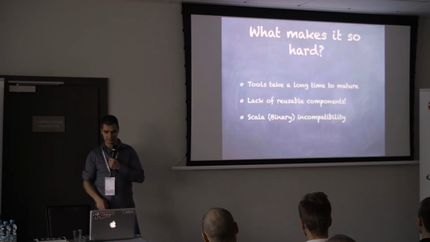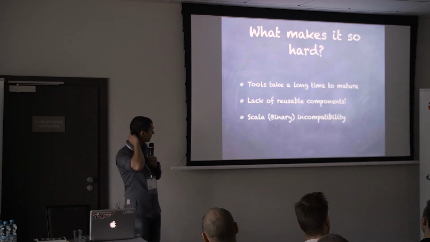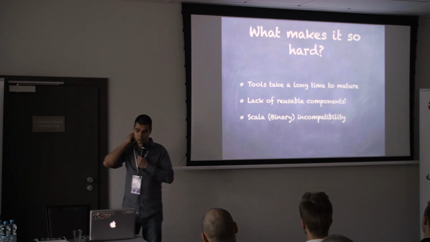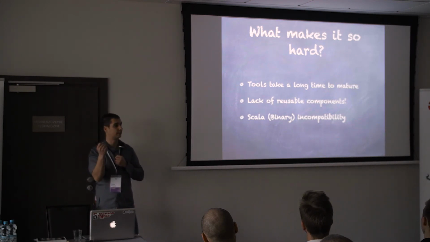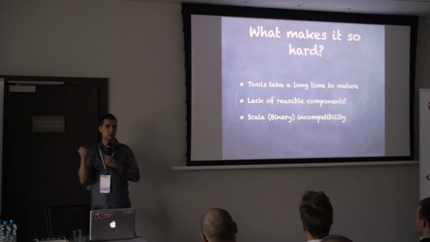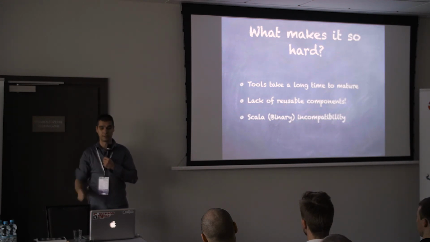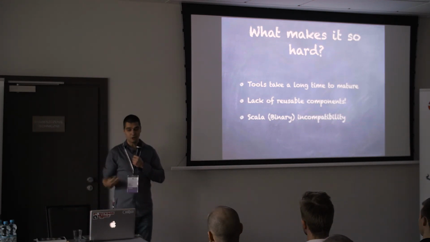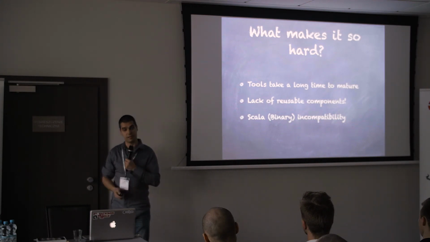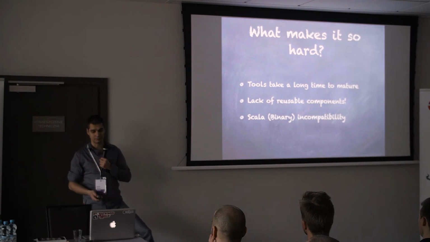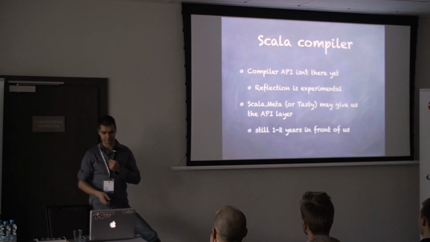You should do that. Now, why is it hard? I think one is time. You really need grit. When you start on such a project, it's not going to be 3 months. It's going to be a long time. There are no reusable components, and there's Scala binary compatibility on top of that. So it's hard to actually use if you're working on the compiler, of course.